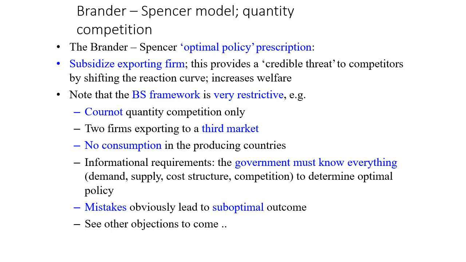In essence, the Brander-Spencer model, which looks at the quantity that you need to put out in order to maximize profit, has an optimal policy related to subsidies: by using subsidies, you can cause the reaction curves to shift and lead to increased welfare through increased profits.